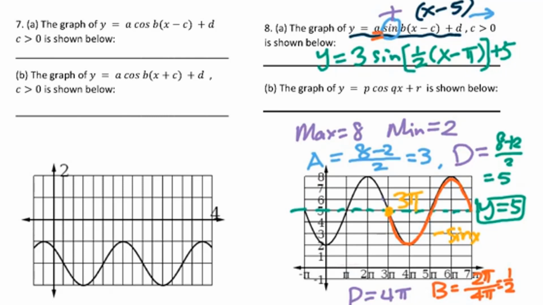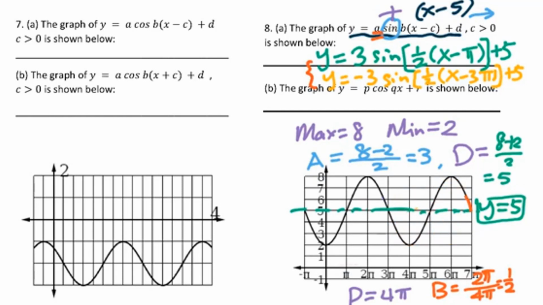Therefore, I can write down the function like y equals negative 3 sine 1 over 2, times x minus 3 pi, plus 5. Both will be the correct answer because for A, it didn't say A is positive or negative.